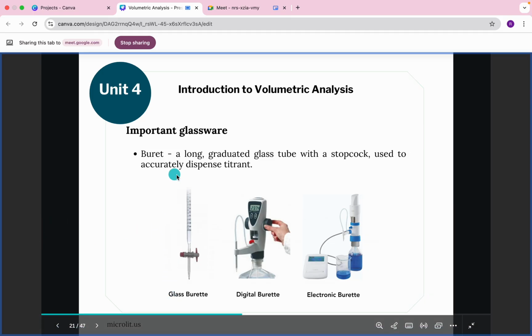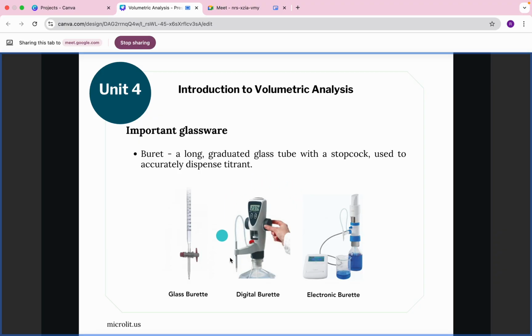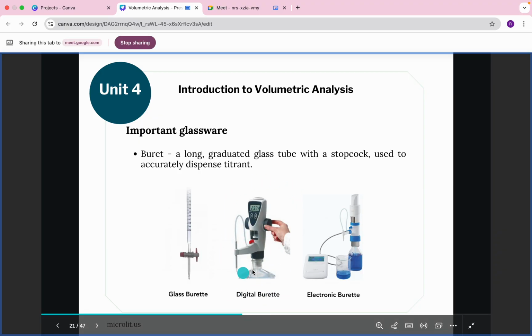In the lab, the commonly used burette is the glass burette, but nowadays, since it's more convenient, they use the digital burette, and this can also be calibrated.